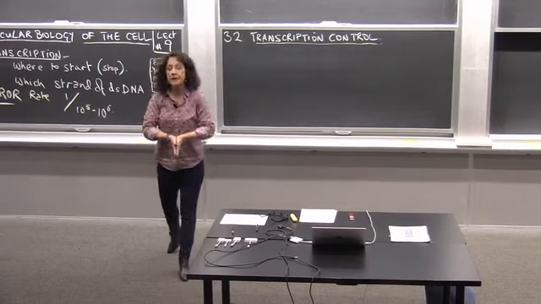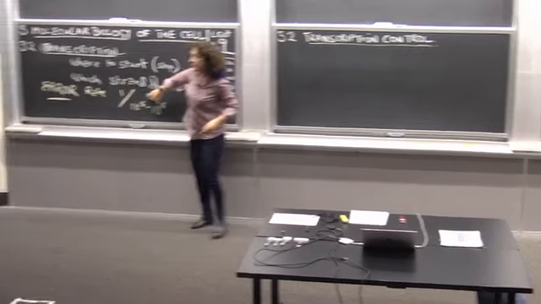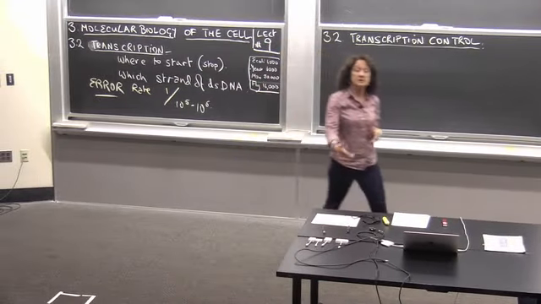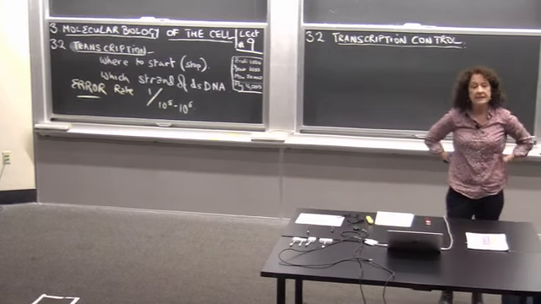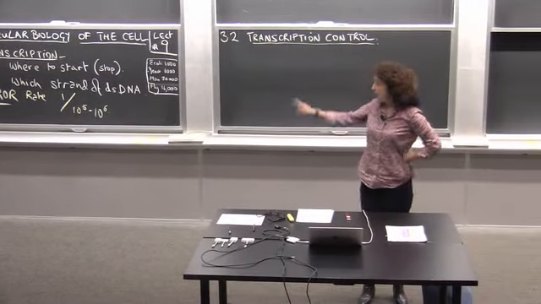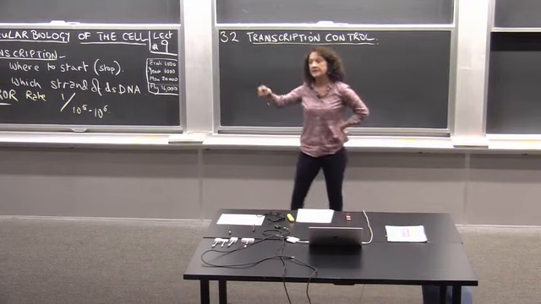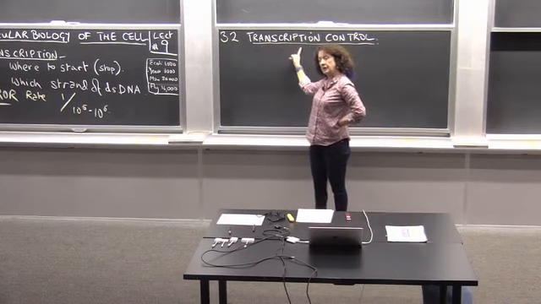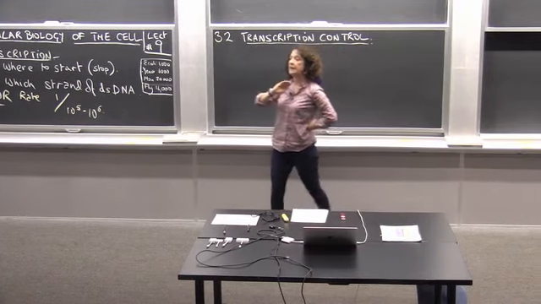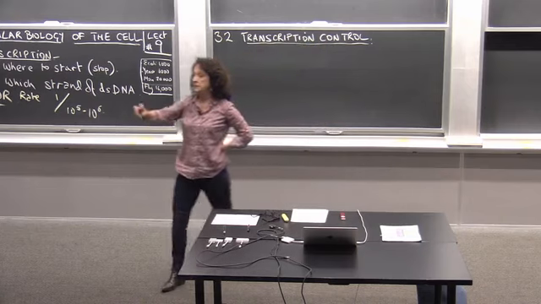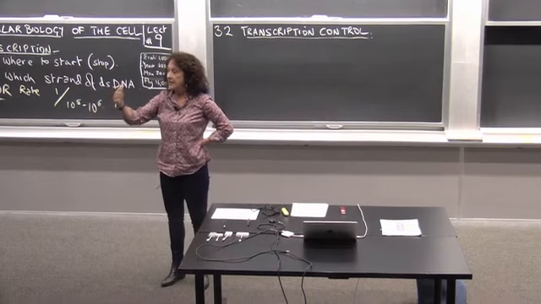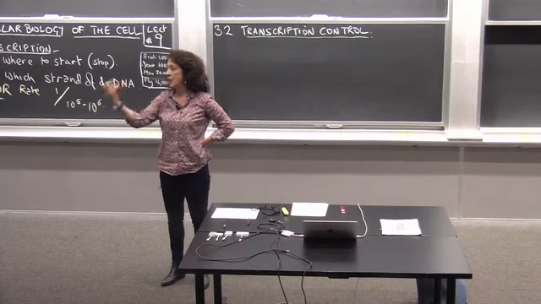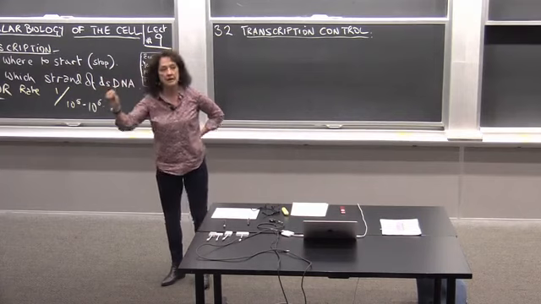For transcribing RNA, an error rate of about 1 in 10 to the 5 versus 1 in 10 to the 6 is just fine. That piece of RNA, after a few of the processing steps that I'll describe to you, ends up leaving the nucleus to be made into proteins. And it's not such a bad thing if you have a little bit more error in that RNA.